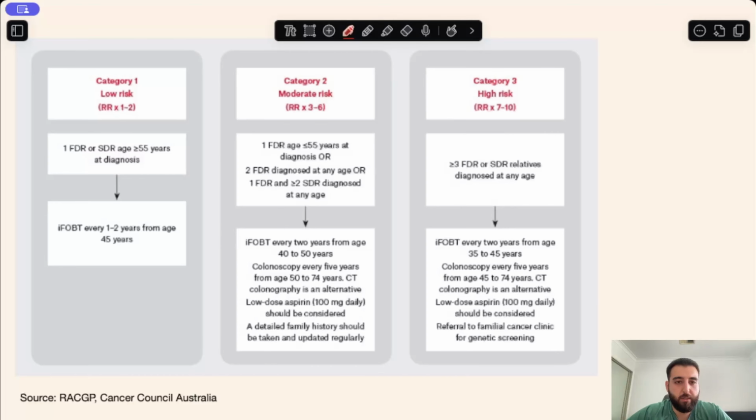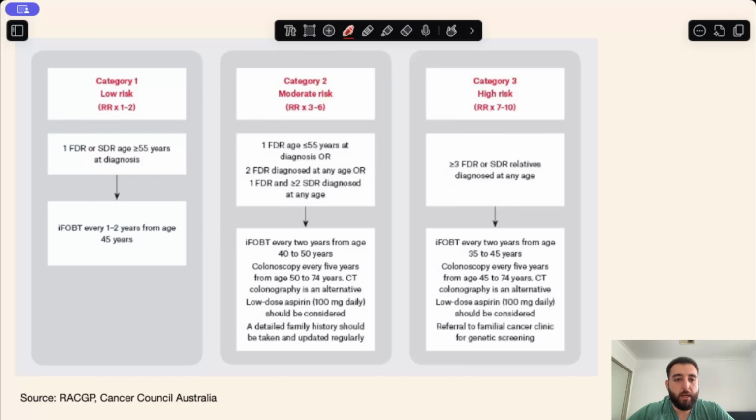In the instance of our patient, he's 50 years old currently, and the youngest diagnosed relative was his brother, at the age of 50. So this would mean that he should have started screening from 40. However, he's coming at 50, so that's why we should do a colonoscopy now and then repeat that every 5 years.